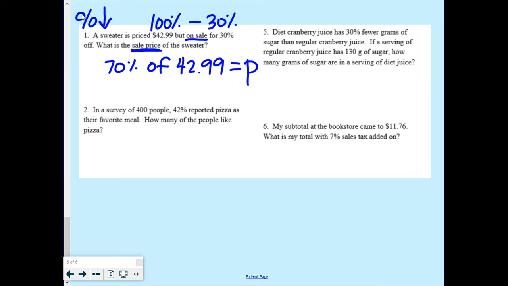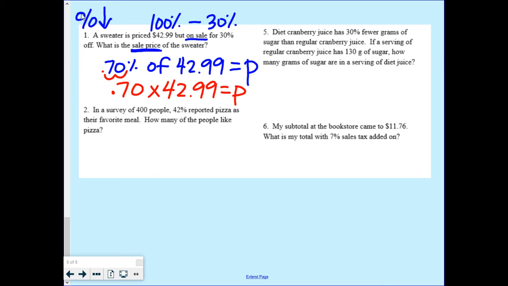70%, if I want to put it in an equation, I need to convert it to a decimal. That's done by dividing by 100. 70 divided by 100 would give me 0.7 or 0.70. And if I'm saying of $42.99, I'm multiplying it by $42.99. And that's going to give me the sale price. So now I simply do that calculation, and I'm left with $30.09.